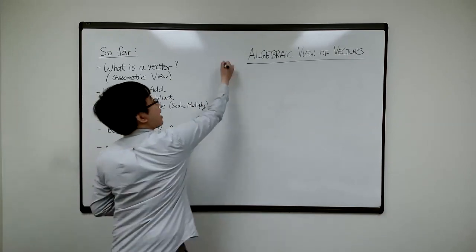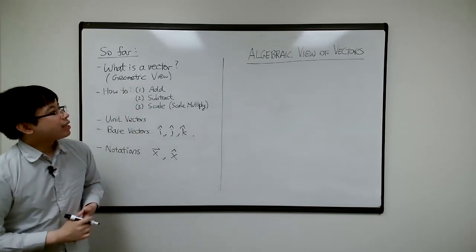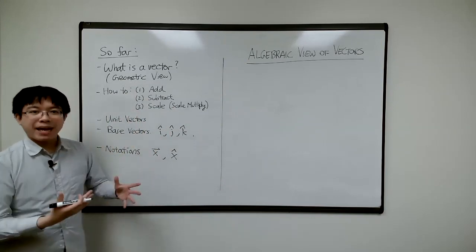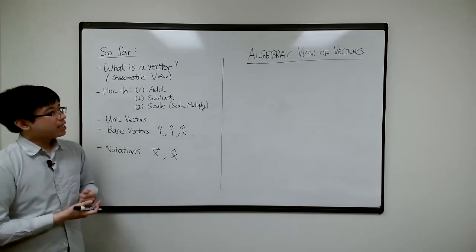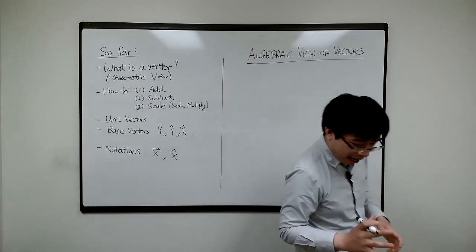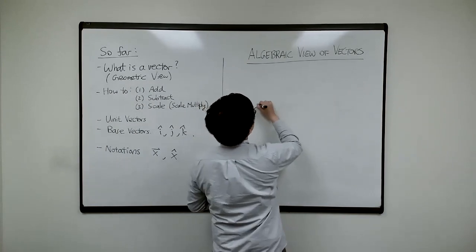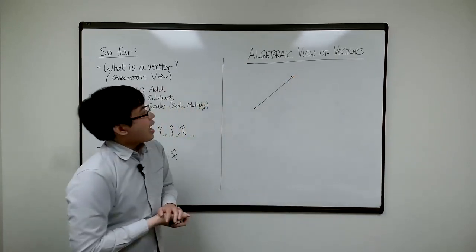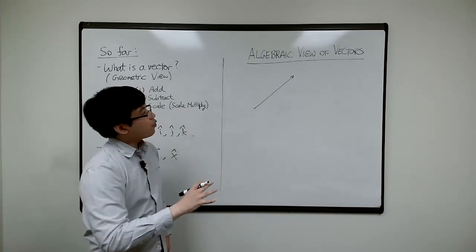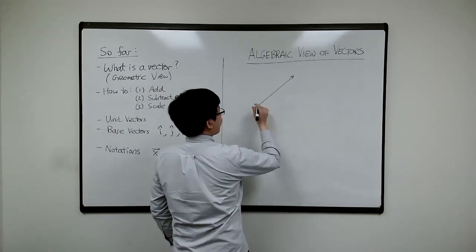Okay, so now with that in mind, we're ready to look at a different view of it, which is much easier to deal with instead of drawing a lot of pictures in order to do math with these vectors. First of all, let's see what we mean by this. If I have a vector like this, as soon as I introduce a coordinate system, I can transform it into a different way of referring to it.